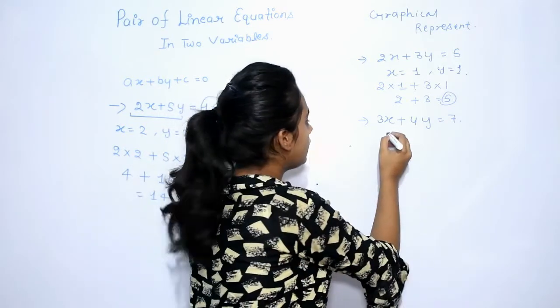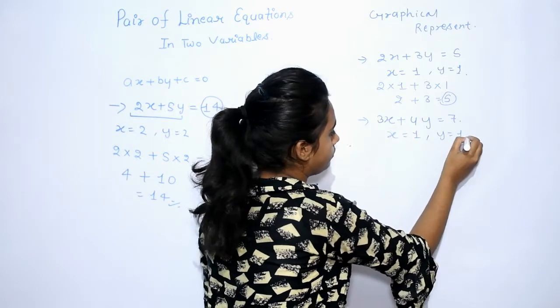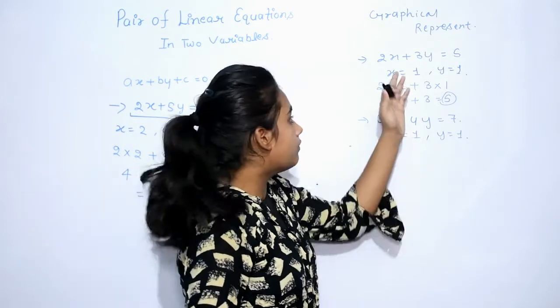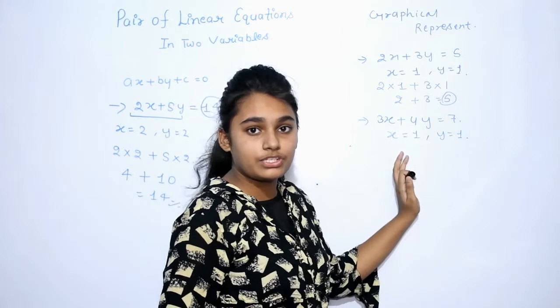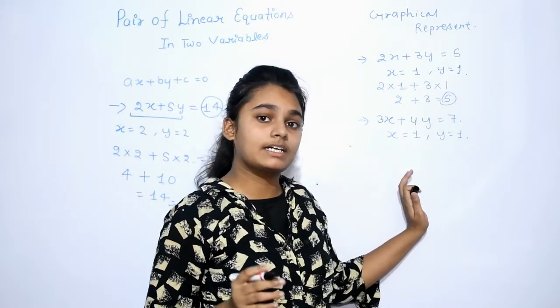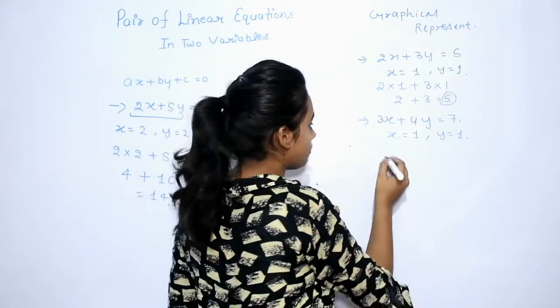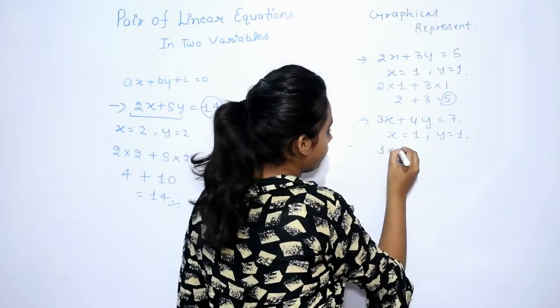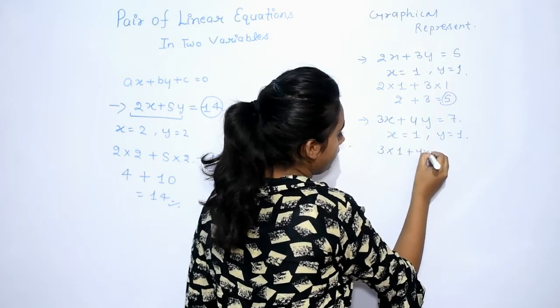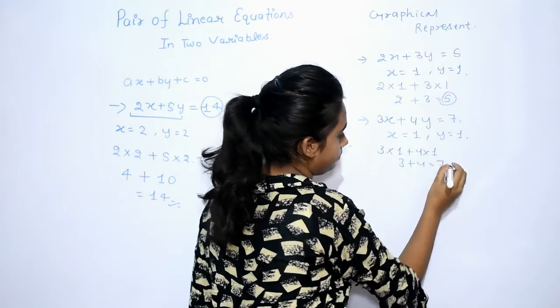Now we are taking x equals 1 and y equals 1. See, the values I am taking in each question are the ones we should plot in our graph. That is known as the graphical representation of linear equations in two variables. So I am solving this also: 3 into 1 plus 4 into 1, so 3 plus 4 is equal to 7.